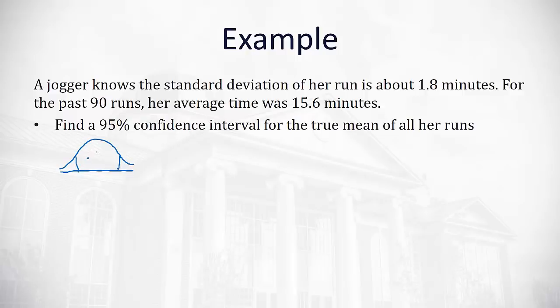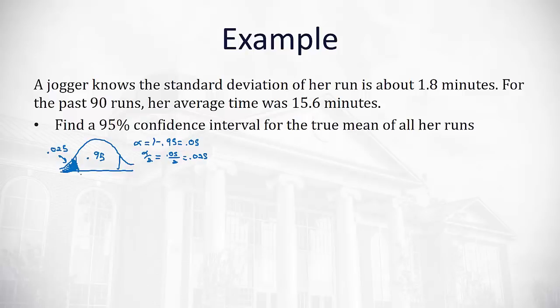That means we want 0.95 in the center of our normal curve, which means the alpha in the tails is 1 minus 0.95, which is 0.05. And for one tail, we divide that 0.05 by 2 to get 0.025. We want that left tail to have an area of 0.025.